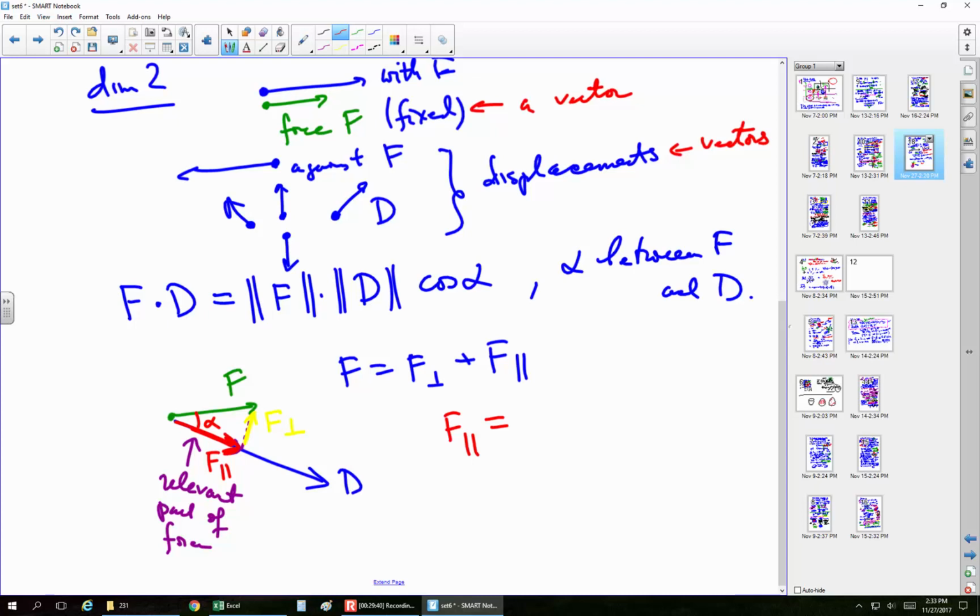It's the projection of F onto D. The formula for the projection on D is equal to the magnitude of F times cosine of the angle. So we take what's relevant and throw out the rest, and that's how the dot product works.